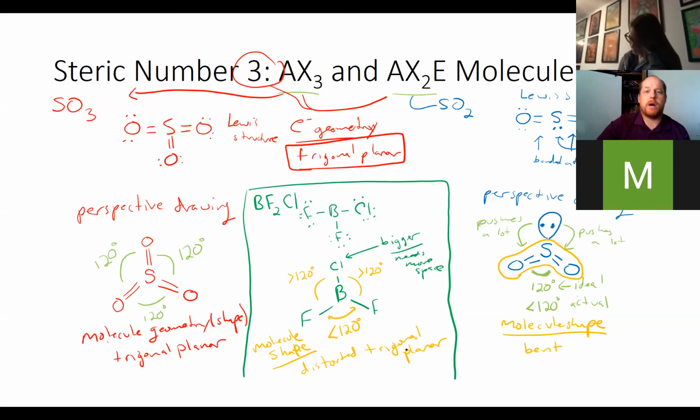It's not perfect bond angles in this case, but they're pretty close. I mean, they're not super far off, but they do orient in a sort of pseudo trigonal planar geometry. They're just distorted a little bit from the ideal angles. Okay, so that takes care of steric number 3.